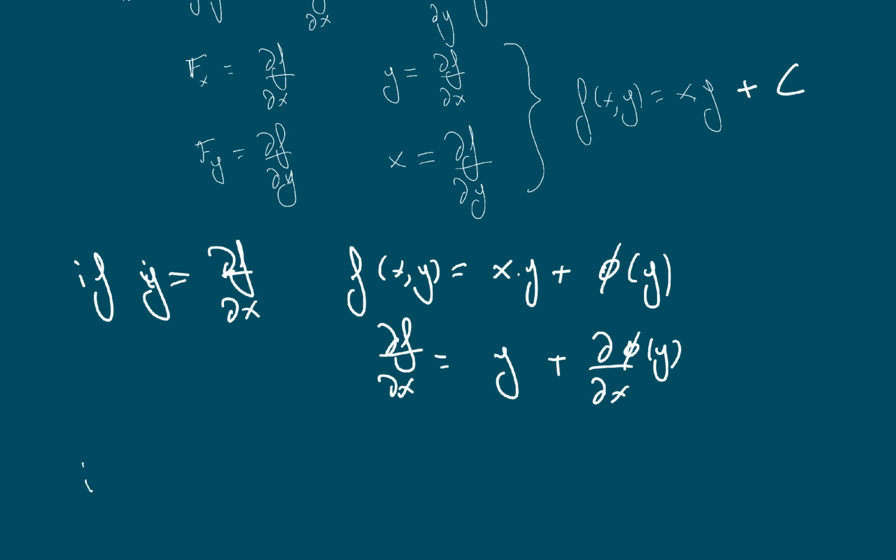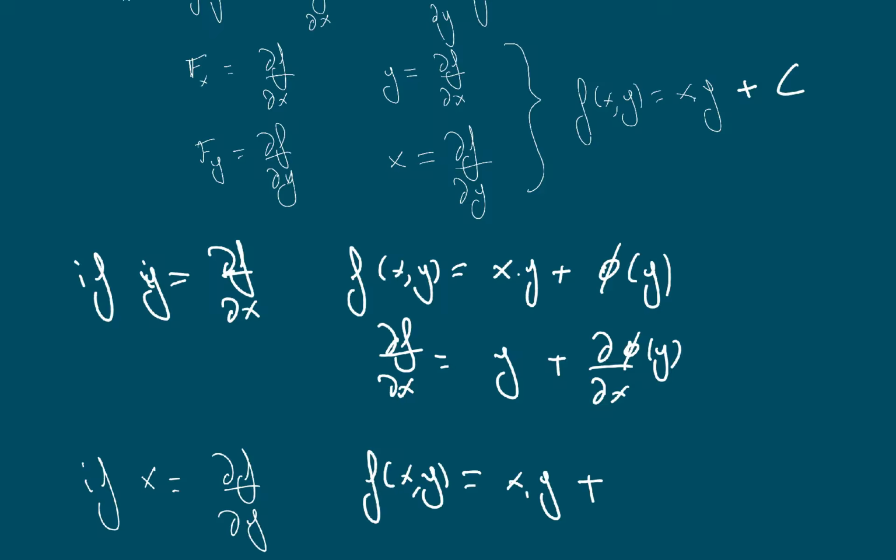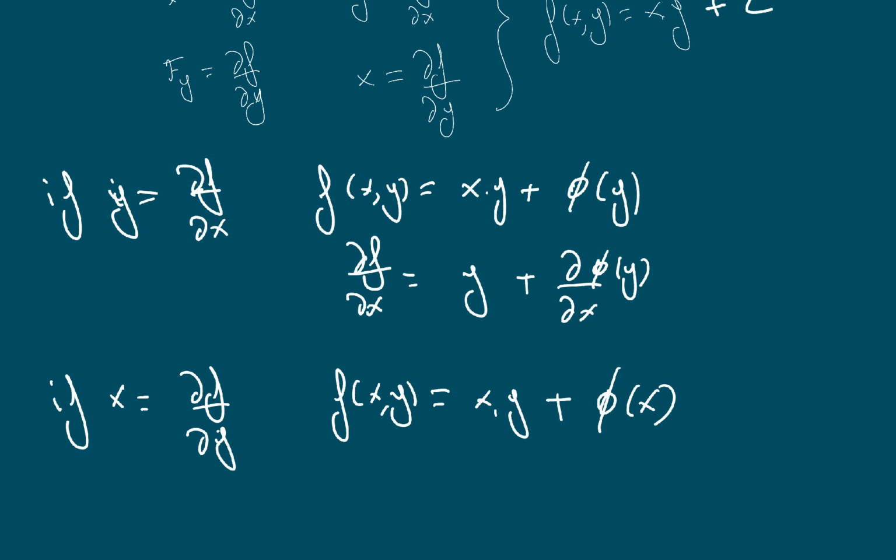Now, for the other side, if x is equal to the partial derivative of f with respect to y, I will conclude that f of x, y will be x multiplied by y plus a function phi that depends on x. So now I can check again. The partial derivative of f with respect to y should be x.